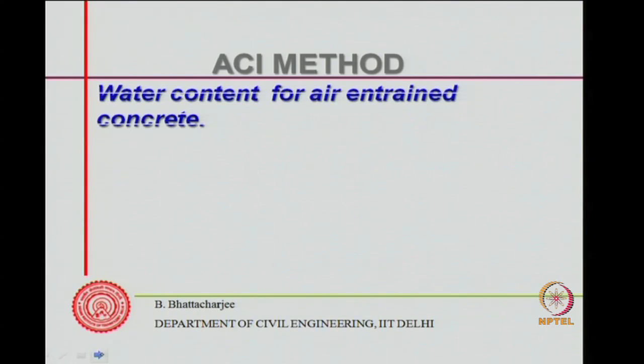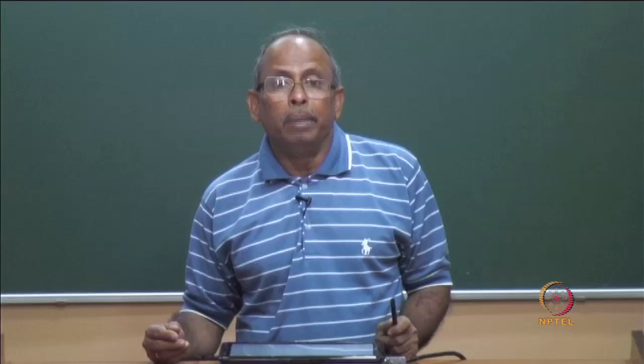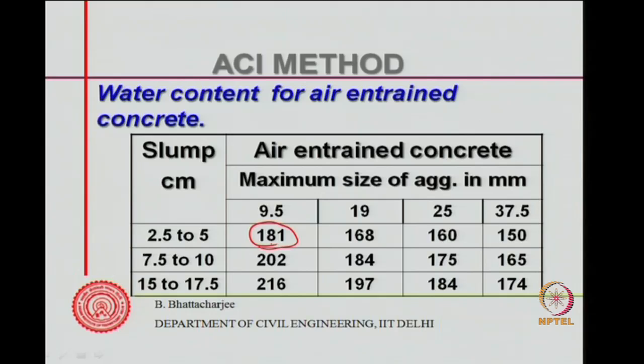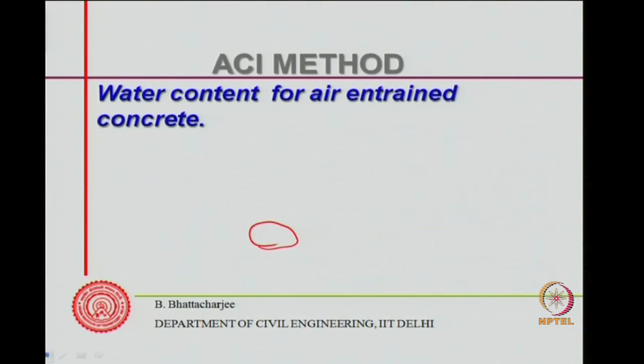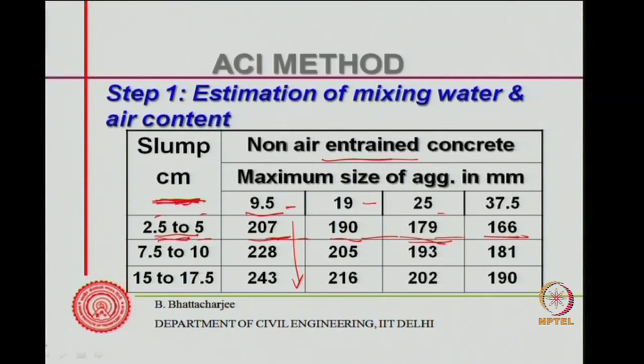For air entrained concrete, these water content values are somewhat less, because as I said, air entrainment tends to improve the workability. Therefore, this is 181 for air entrained concrete, whereas for non-air entrained concrete the same value was 207.